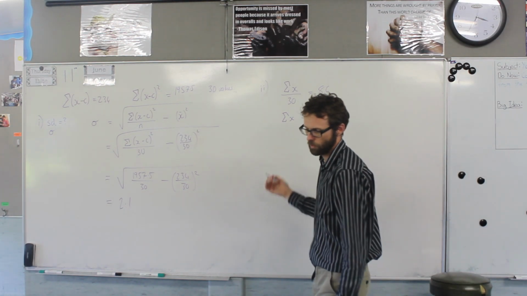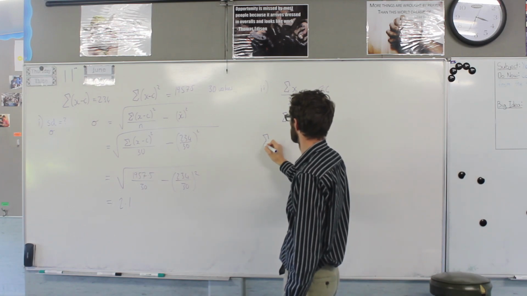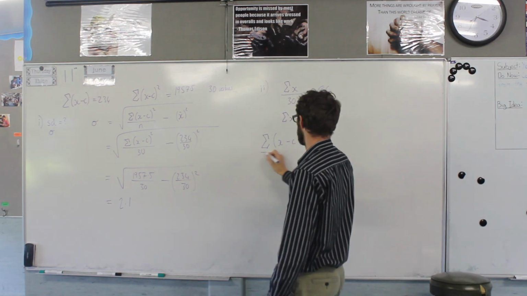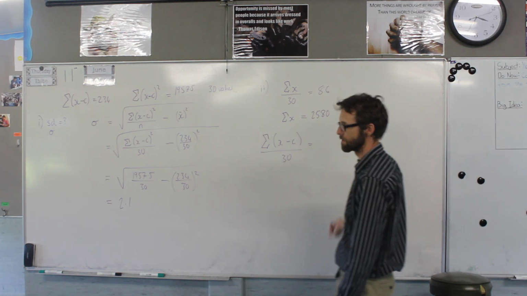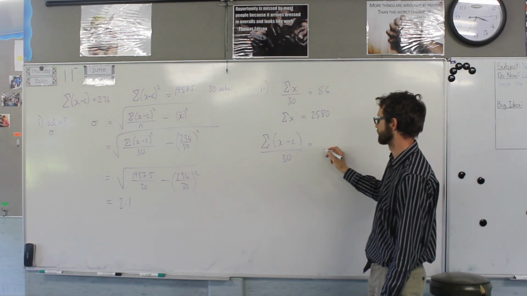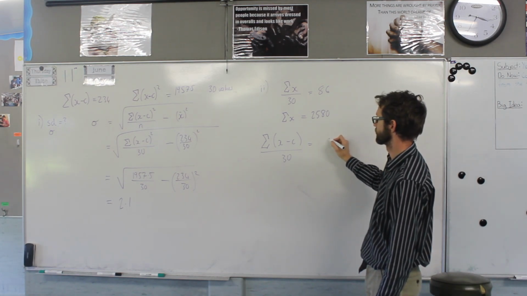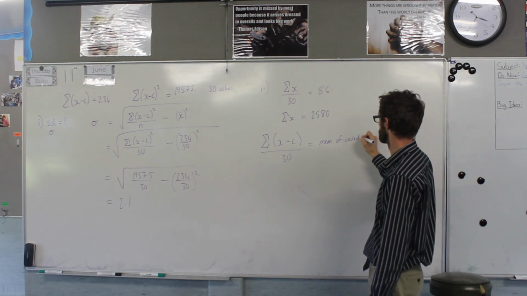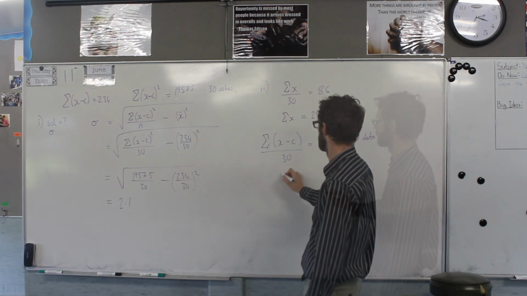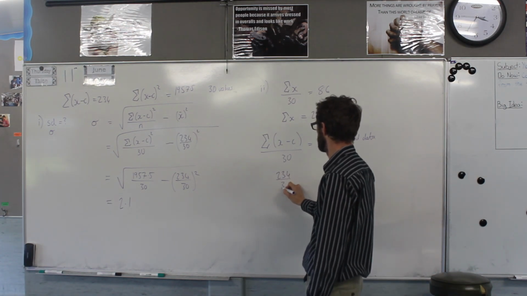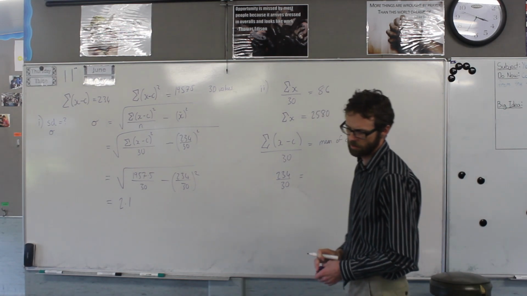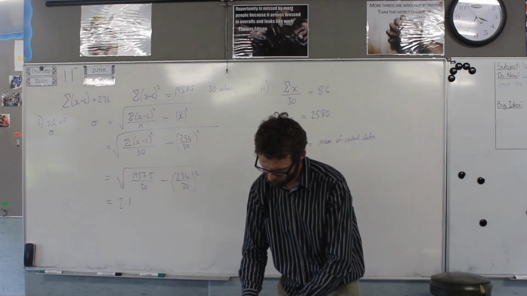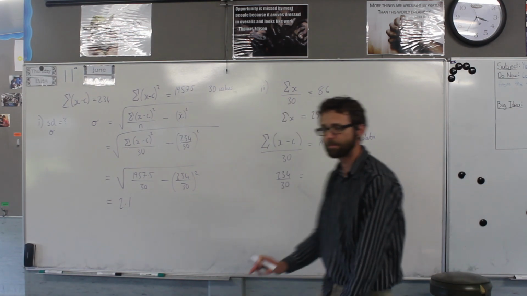Alright, so my next step: this 234 over 30 will give me the mean of the coded data. What does that give us? 7.8? 7.8, yep.